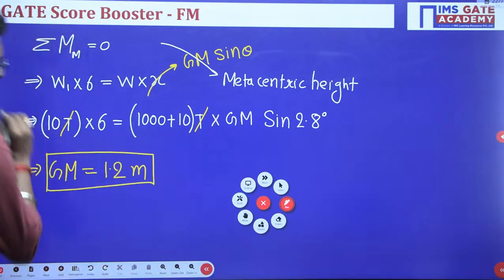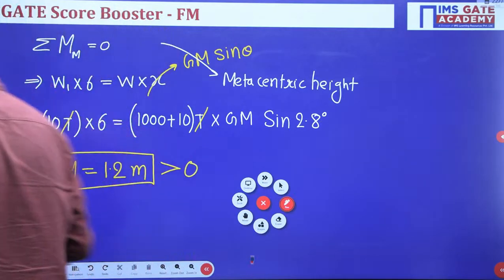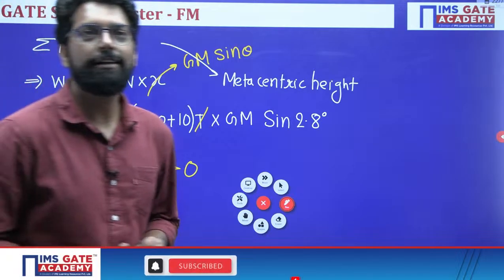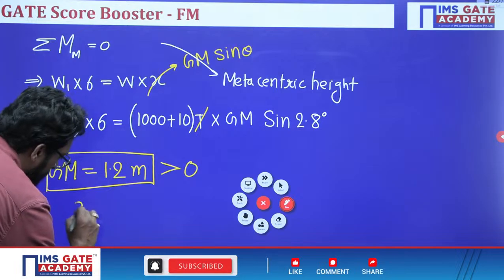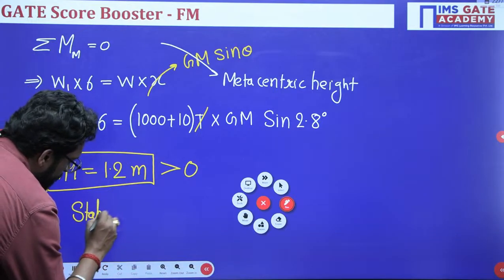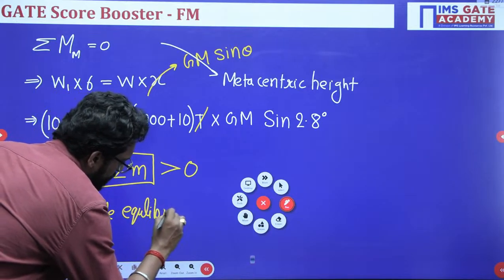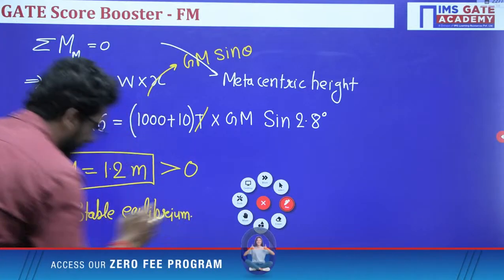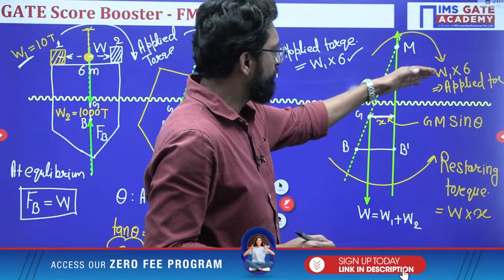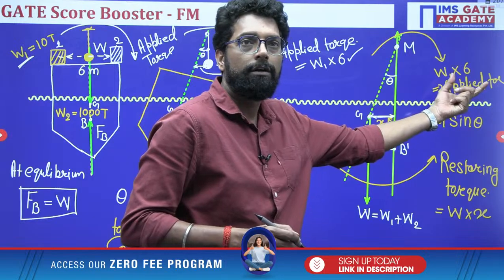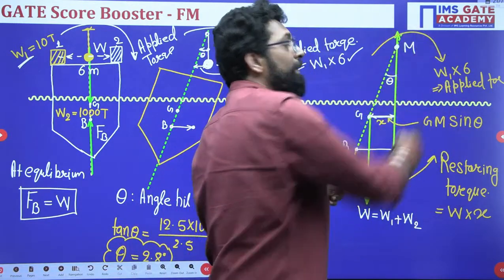1.2 meter if you calculate, and that is positive. GM is positive, that means stable equilibrium. That means if you apply a torque on the ship, automatically there is a restoring torque, and the restoring torque is more than the applied torque.